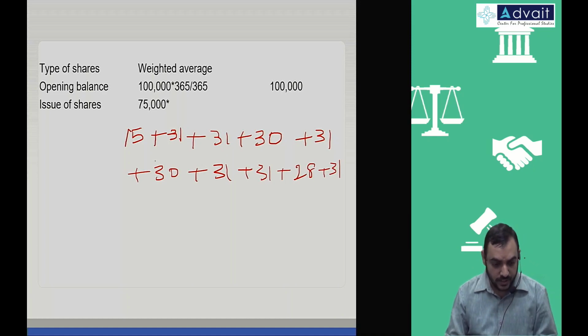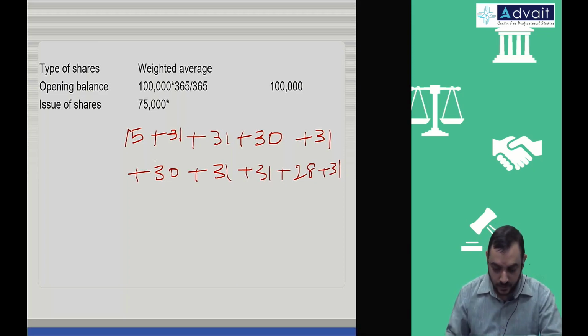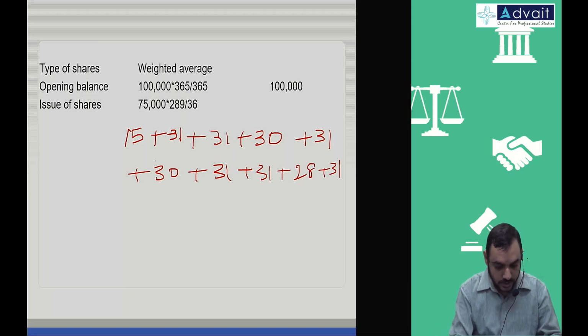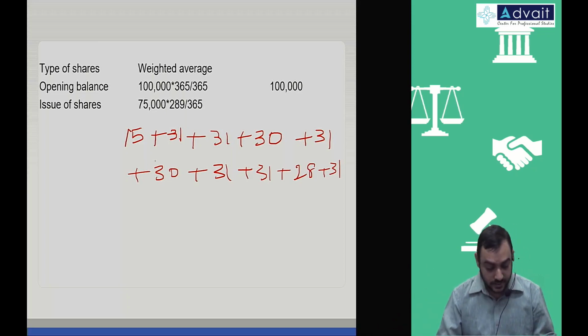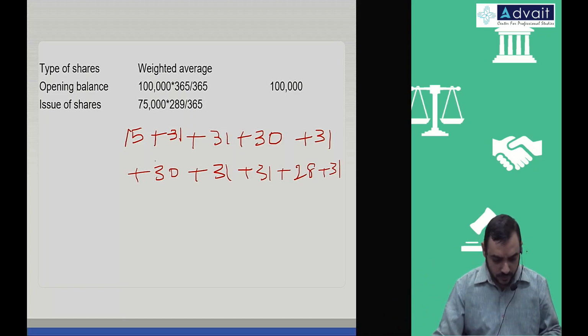Totally you get 289. 289 by 365. Again, if you include 15th also, it becomes 290, but that's fine. 289 is fine, but usually we count from the next day. For exam purposes, if we include 15th also, there is no issue. It still is considered.